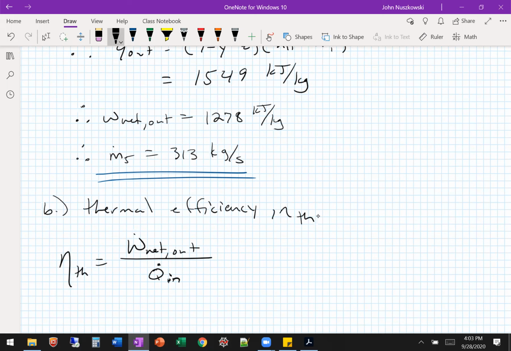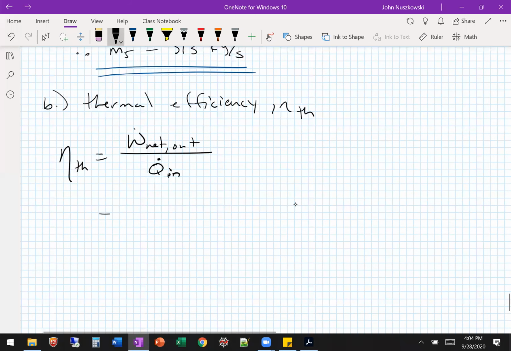We could easily solve for a rate of heat transfer in now, because we have the mass flow rate. We could take mass flow rate 5 and multiply it times Q in, and then get the rate of heat transfer in. We could go that route. We could also go the route where we divide by mass flow rate 5, and I'm going to show that part again.